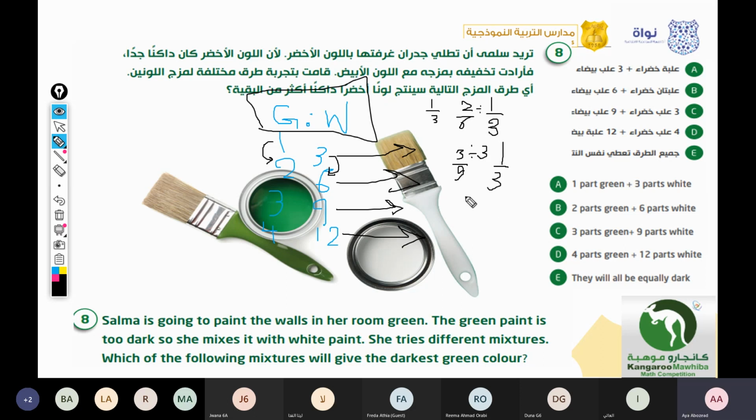The last one, 4/12, divide up and down by 4: 4 divided by 4 equals 1, and 12 divided by 4 equals 3, so it's going to be 1/3. So all of them, when you simplify, you found as 1/3, and also you said a smart answer. From the green, every time we add 1 part, and from the white on the other side we add 3 parts every time, so it's equivalent.